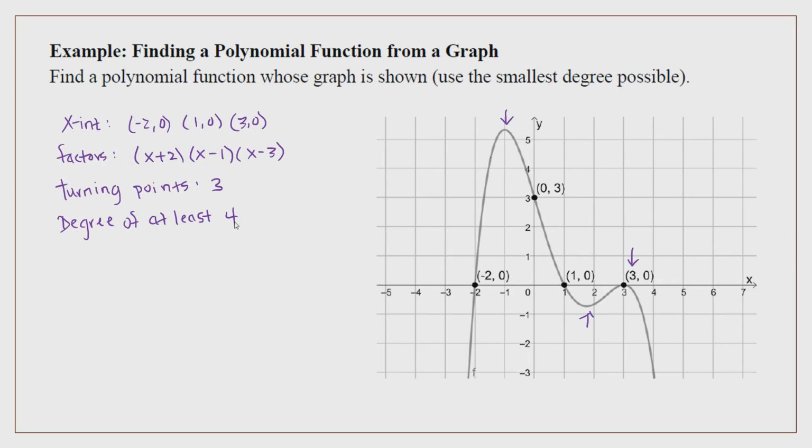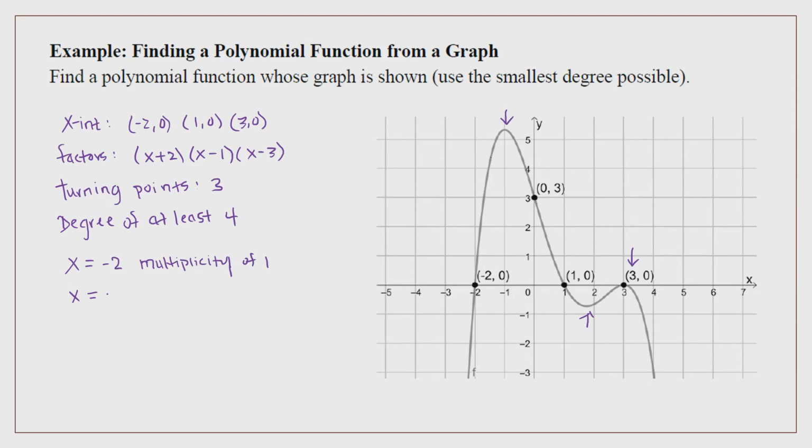Since we want the smallest degree possible, we'll just use 1 for an odd multiplicity and 2 for an even multiplicity. So looking at my x-intercepts, x equals -2 has a multiplicity of 1. How do I know that? Because it crosses the x-axis, because it's odd.